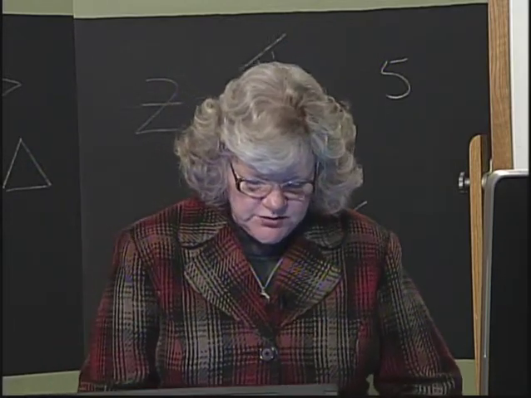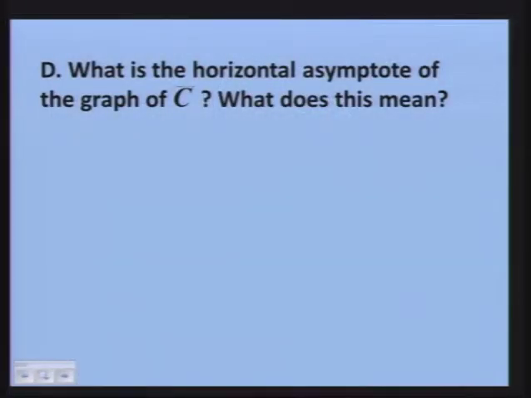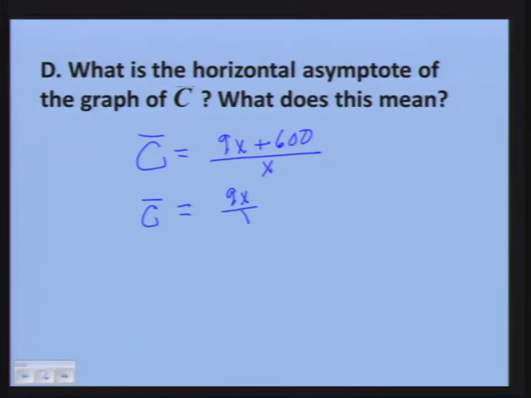Well, we have one more question we want to look at for this problem. What is the horizontal asymptote and what does it mean? So put back our C bar. It was 9x plus 600 divided by x. Well, we can rewrite this as 9x divided by x plus 600 over x if we like. Or we could look at lead term into lead term and see that it goes a constant number of times.